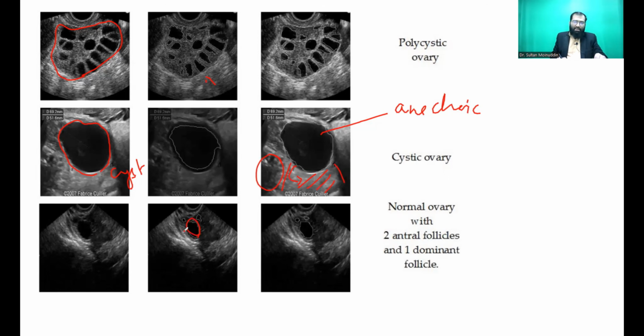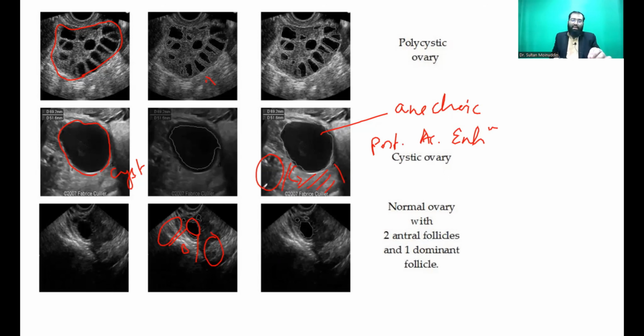This area just posterior to the cyst is brighter, or hyperechoic, compared to these regions. So this is called posterior acoustic enhancement, a very important sign that this is a cyst and not a solid tissue.